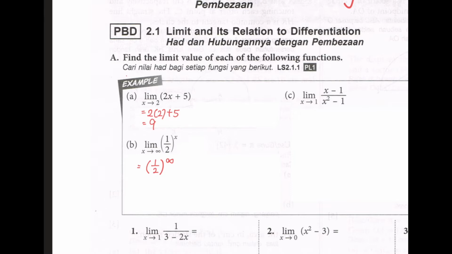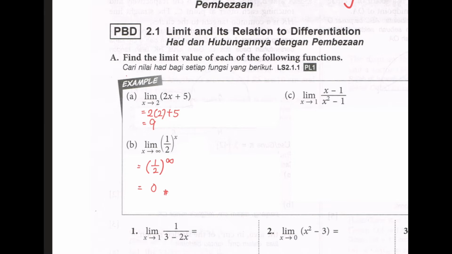Let's say you try half to the power of 1 million, any big power, and the calculator will show 0. So it's equal to 0.